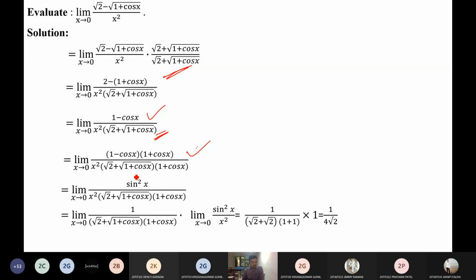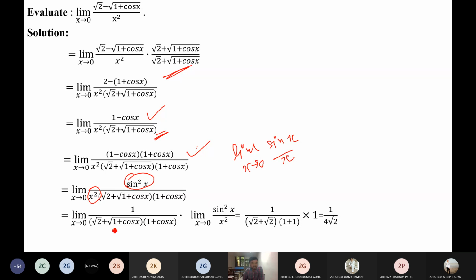Now we can separate the limit of these two terms by using the law of limits. We have limit x tends to 0 of 1 upon (root 2 plus square root of 1 plus cos x) in one bracket, and 1 plus cos x in the second bracket, into limit x tends to 0 of sin squared x upon x squared. But we know the limit of sin x upon x as x tends to 0 is 1. We can replace that here.